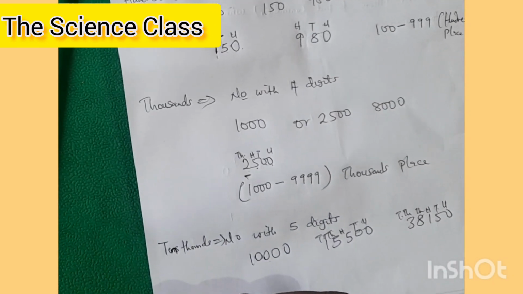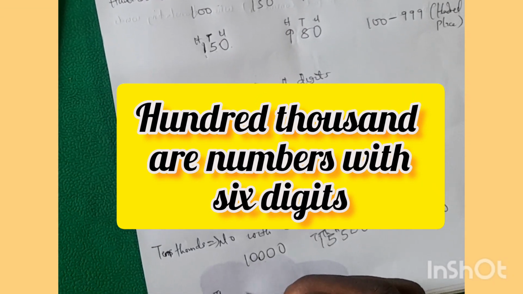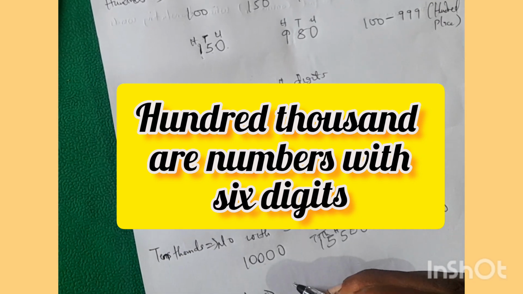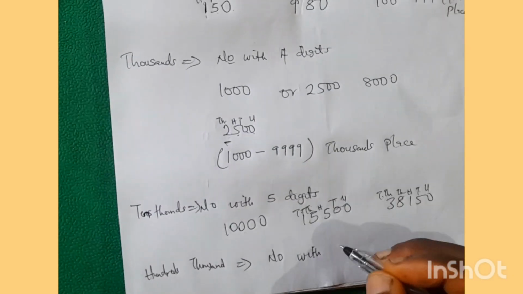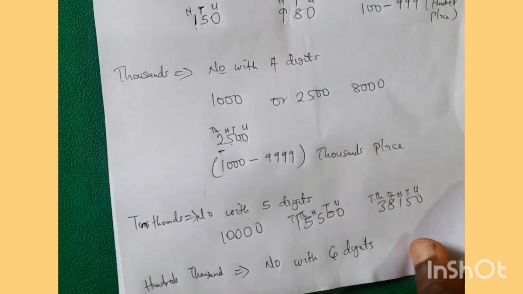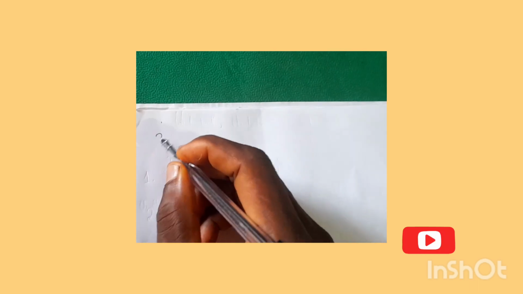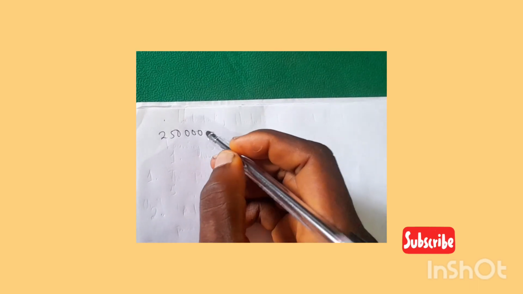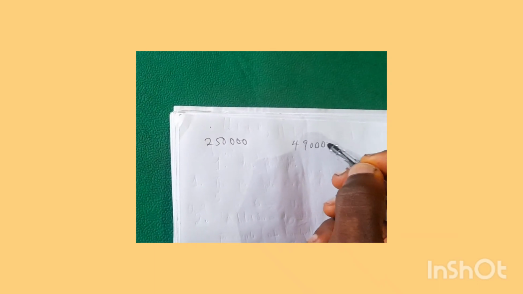The next level is the hundred thousands, 100,000. Those are numbers with 6 digits, such as 250,000, or let's say 490,000.